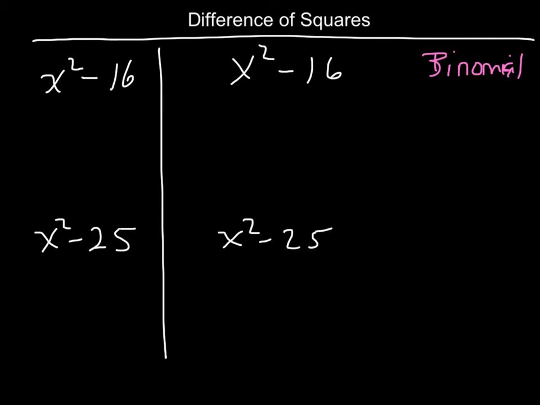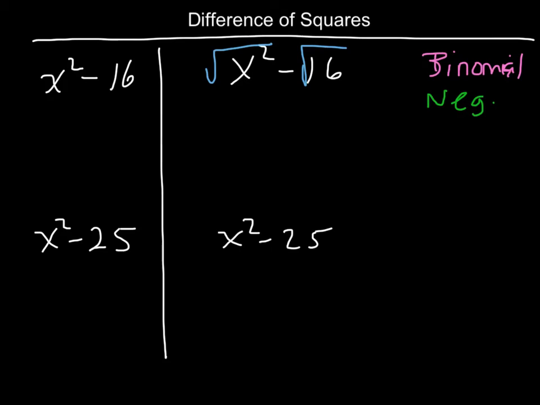The second thing you notice is that the binomial is negative. That has to be the case. Either the x squared term needs to be negative or the constant needs to be negative. One of them has to be negative, but they both can't be negative. If that's the case, you can check and see, is this a perfect square and is that a perfect square?